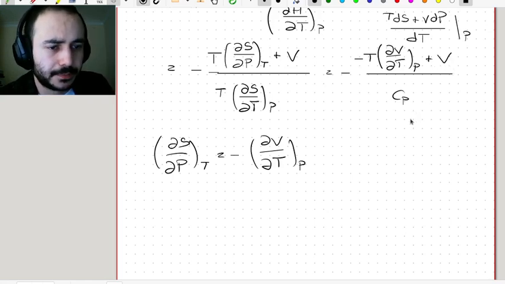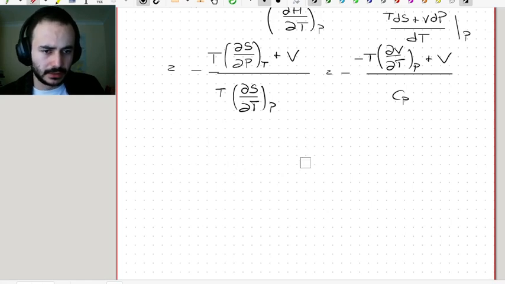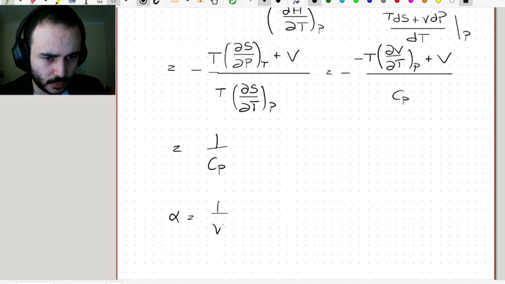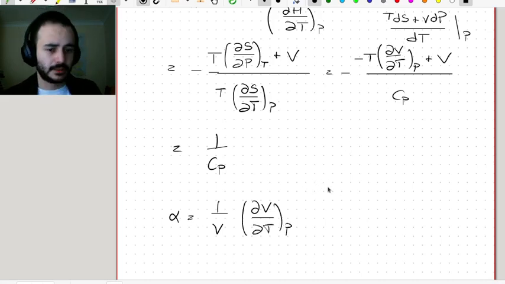So what this equals in the end is 1 over the heat capacity at constant pressure. And remember that the coefficient of thermal expansion is 1 over V, partial derivative of V with respect to T at constant P, which is precisely what we have there.